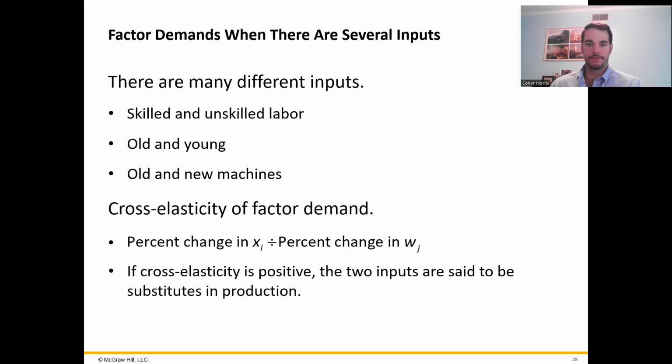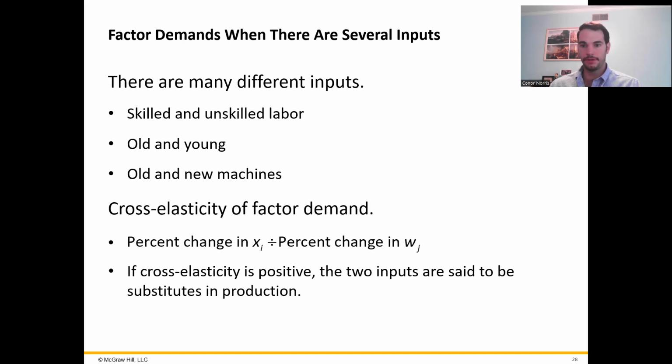So we know that there are different types of workers with varying levels of skills and abilities, and capital often has specific uses, and new equipment can be better than old equipment. Or maybe workers don't know how to use the new equipment. Whatever the case is, often there are differences between the two. So when a firm uses multiple inputs, like different types of workers, different machines, potentially different materials, the firm will still face diminishing returns from each input.